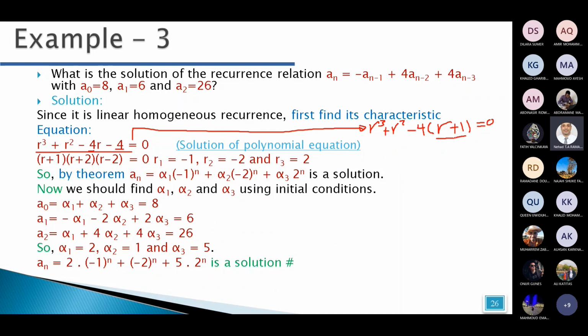Look here, we have R plus 1. Here we can say it like this: take R power 2 outside. What do you still have here from our R power 3 plus R power 2? I take outside R power 2 as a common factor. We will have R plus 1. Continue. Minus 4 times R plus 1.